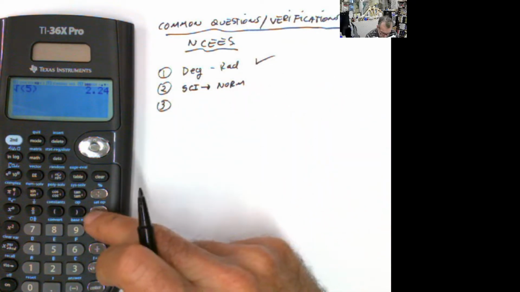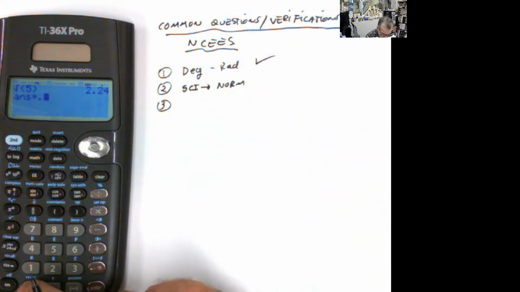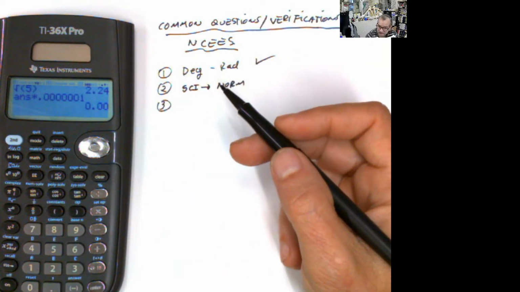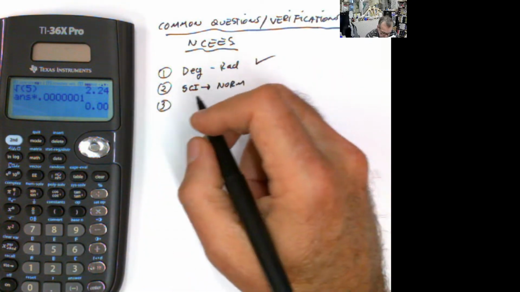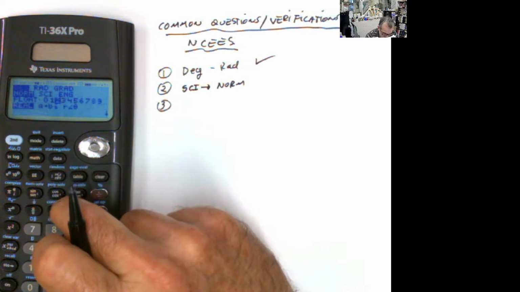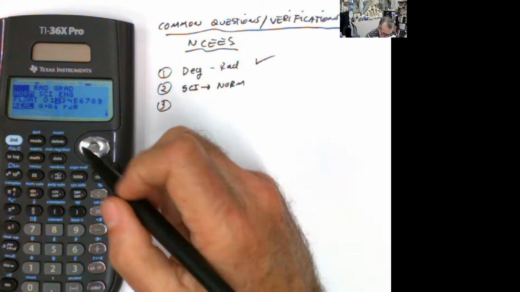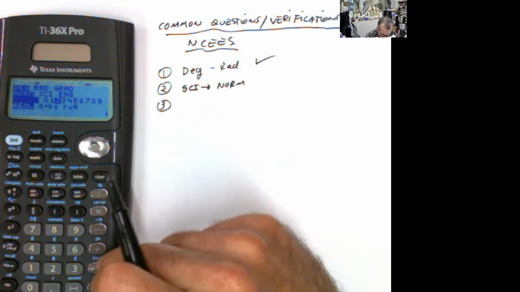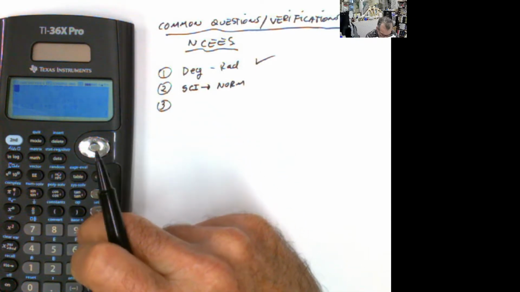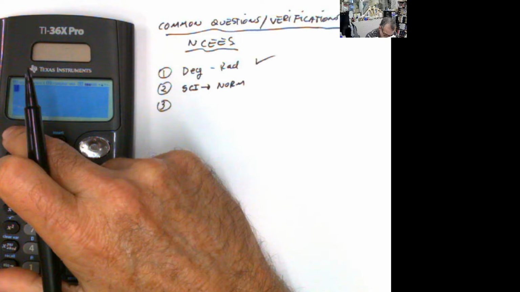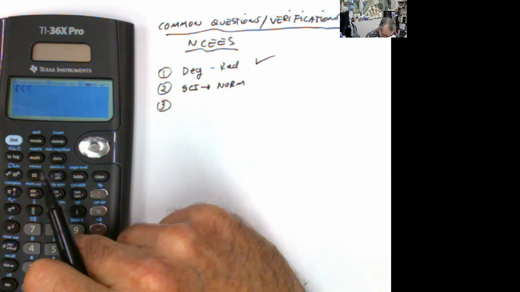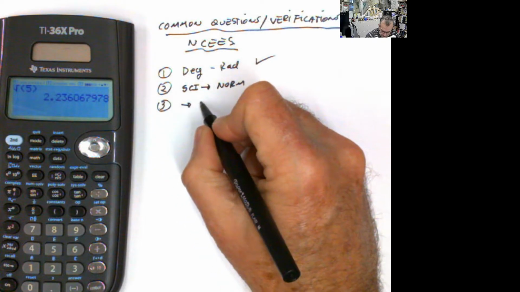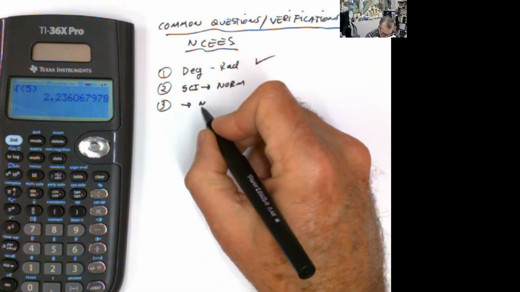Or even worse, if you multiply that times 0.000001, then you get 0, which is not correct. That happens because in mode, again, it's selected only 2 decimal places. Please keep your calculator in float. When you keep your calculator in float, and you say square root of 5, for example, you get all the decimal places.